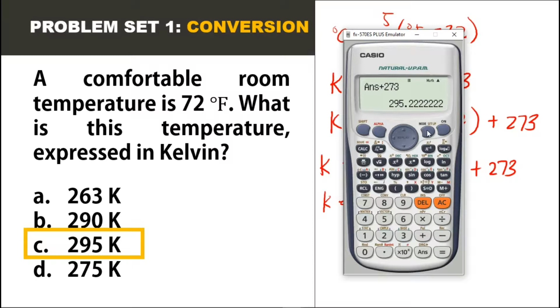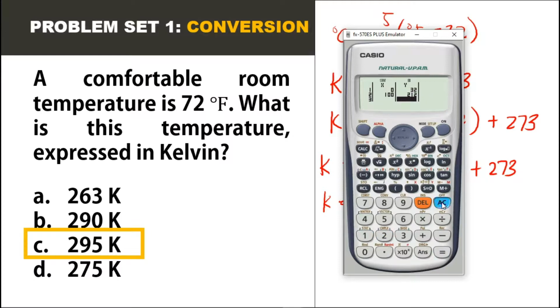And using your mode stat, it is mode stat 3, that is 2. So you have 0 for 0 degrees Celsius to 32 degrees Fahrenheit, and 100 and 212 for degrees Fahrenheit.